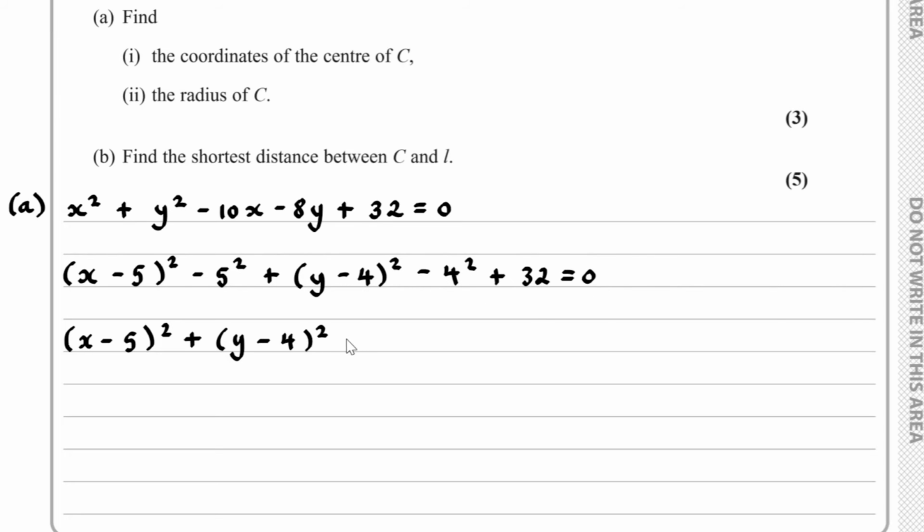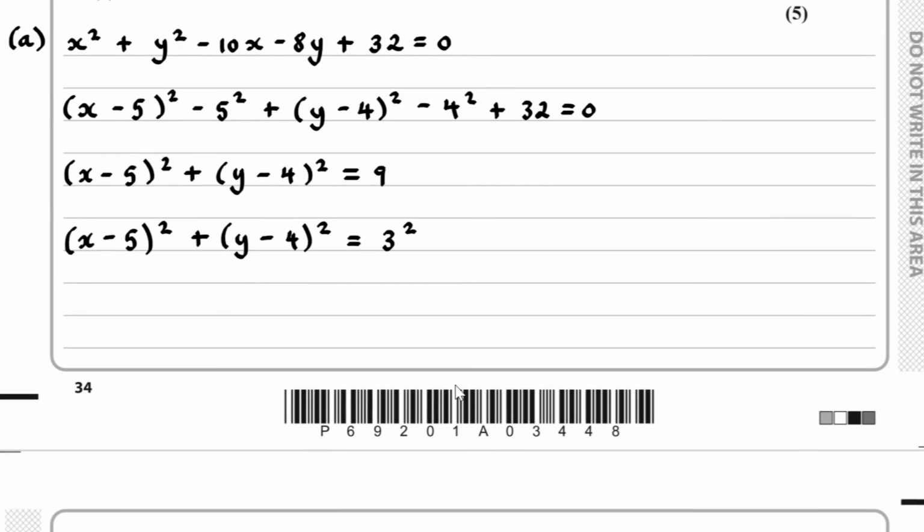And if I take that over to the right hand side, we have x minus 5 all squared plus y minus 4 all squared equals 9. And so we have x minus 5 all squared plus y minus 4 all squared equals 3 squared, from which we can conclude the center has coordinates 5, 4, and the radius is equal to 3.